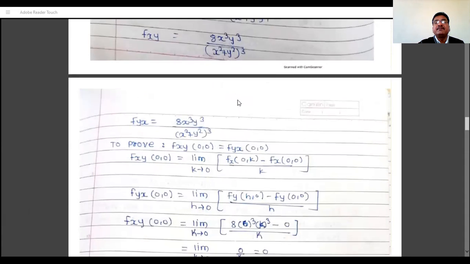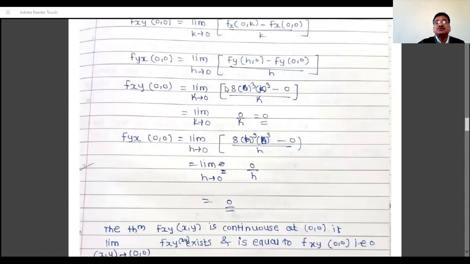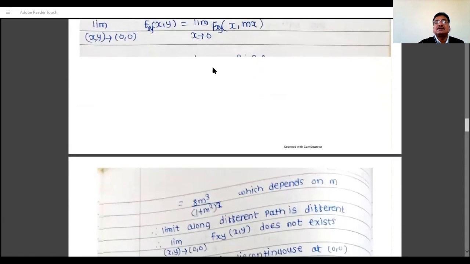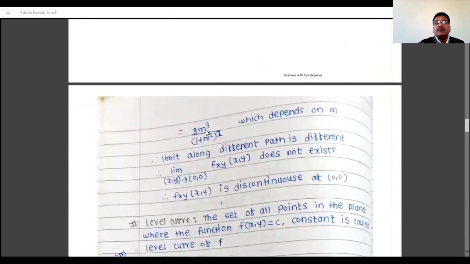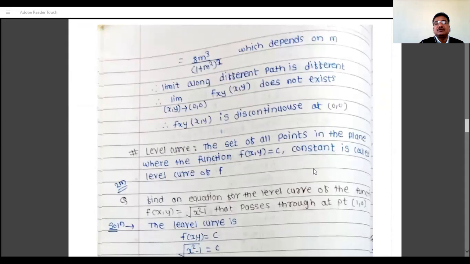In the denominator, take x square as common, so we have x raised to 6 times (1 plus m square) cube, and then x raised to 6 gets cancelled. We have 8m cube divided by (1 plus m square) cube, which depends on m, and therefore the limit along different paths is different, and therefore the limit of fxy as (x,y) tends to (0,0) does not exist. The limit of fxy does not exist, and therefore fxy is discontinuous, or not continuous, at (0,0).